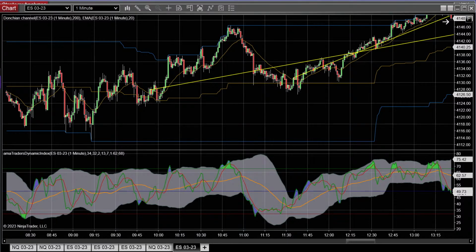It's a test. We've got the EMA Donchian trend continuation, and we've got the moving average fake outs. Both are trend continuation, trend following patterns.